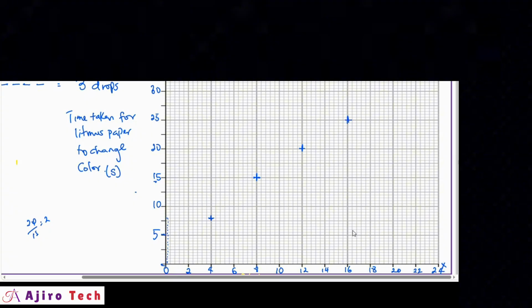I always like my graph to be big, to be large. There's beauty in not having a jam-packed or squeezed graph that is not spacious, where you will not be able to see everything clearly. I intentionally make use of all the graph sheet so that it will be big enough and attractive. Do you understand?